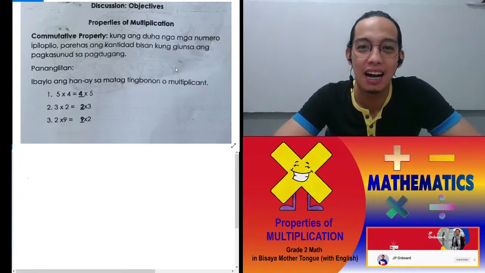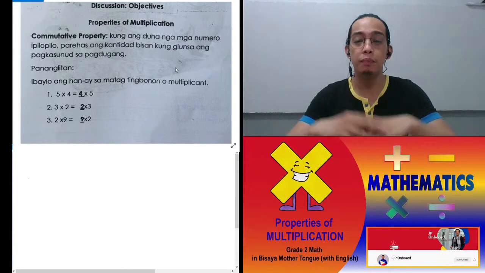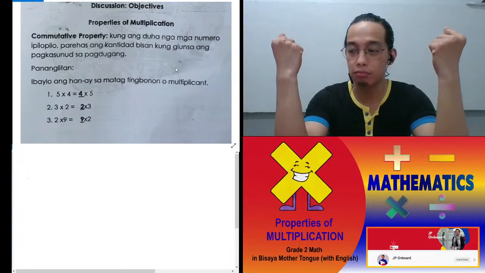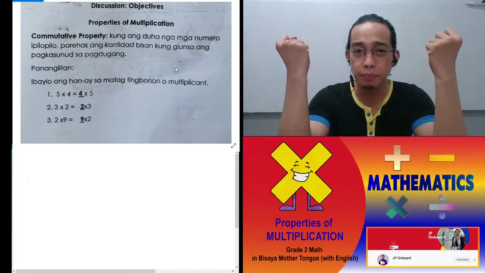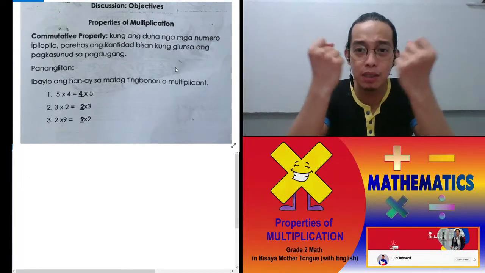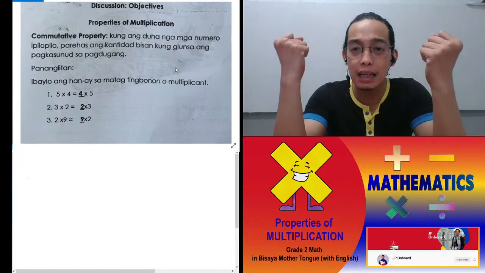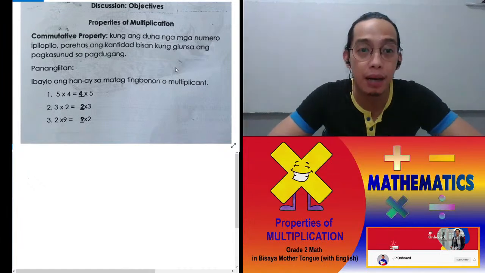Kung ang duha nga mga numero ipilo-pilo, parehas ang kandidat bisan kung giunsa ang pagkasunod. So ang meaning ani, kung naa kay duha ka numero, say you have two numbers, any number, and you multiply them, parihas ang iyahang answer bisag unsa siya pag-arrange, unsa siya pag sunod-sunod.